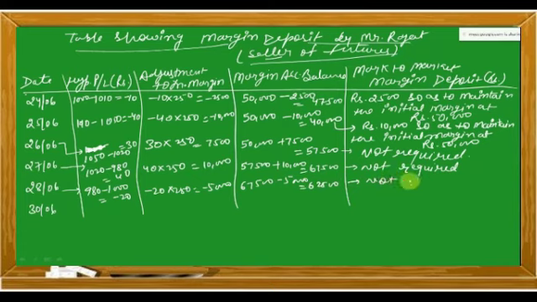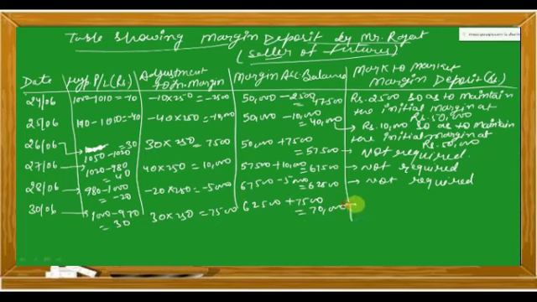Not required. Then the last one, positive 30 multiplied by 250 is positive 7500. Balance 62,500 plus 7500 gives 70,000, which is above 50,000, so no margin is required.